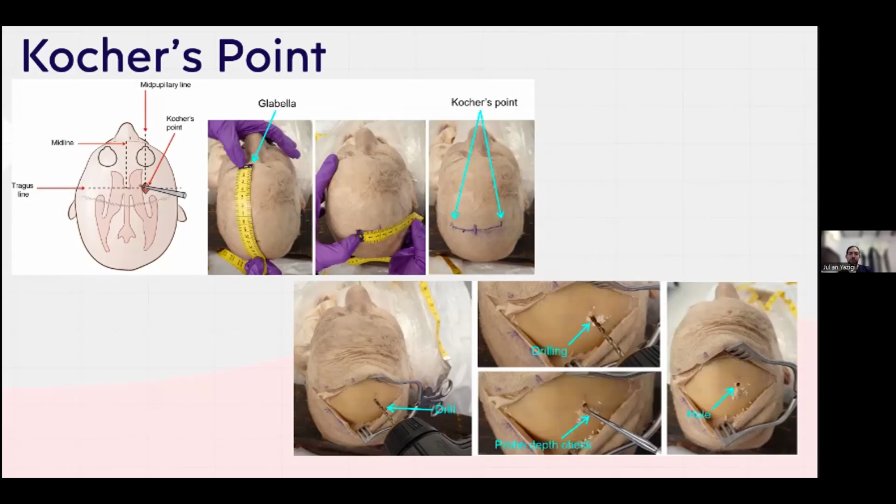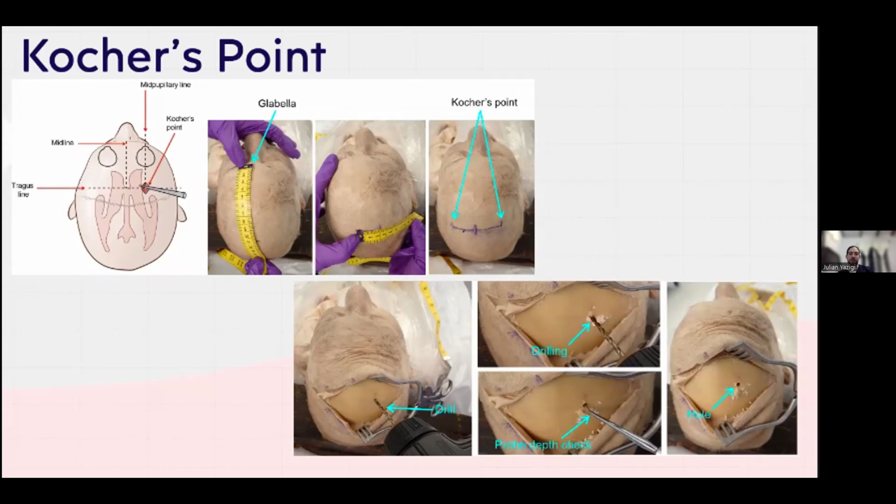So we mentioned the most common way to arrive at Kocher's point, which is the nasion-based method, but it's important to keep note of the coronal suture method, which I just described. However, that one is possible intraop.